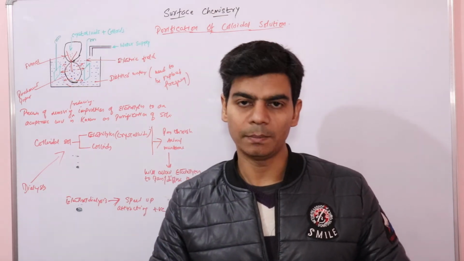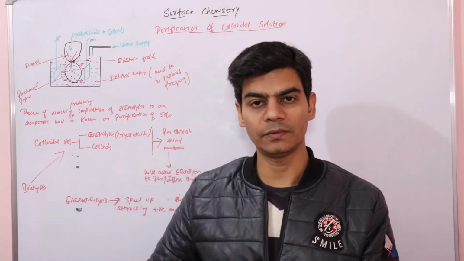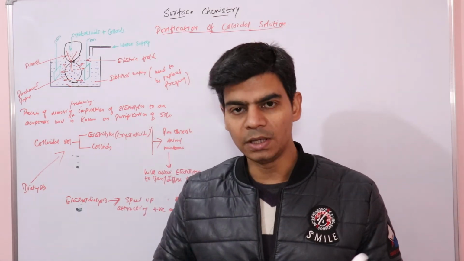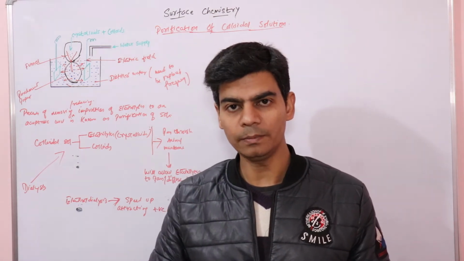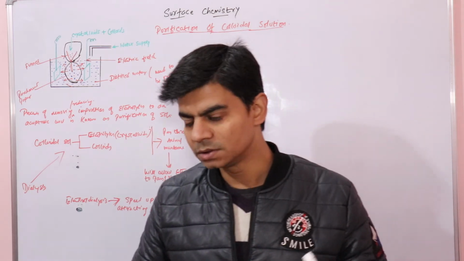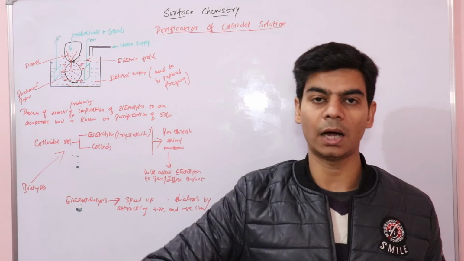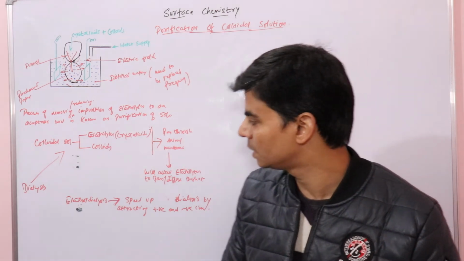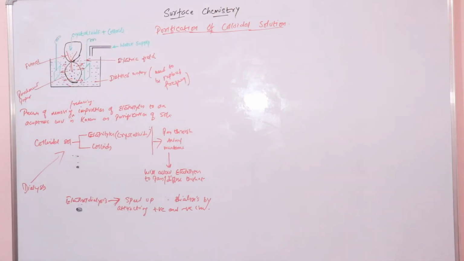So it will filter the impurities and leave the colloids, which is hemoglobin, in the blood. The blood is then sent back into the body through veins after filtering through the artificial kidney, which is a dialyzer. So this is an important application of dialysis. So this is it in this process.